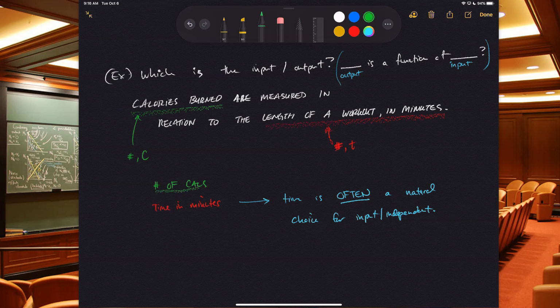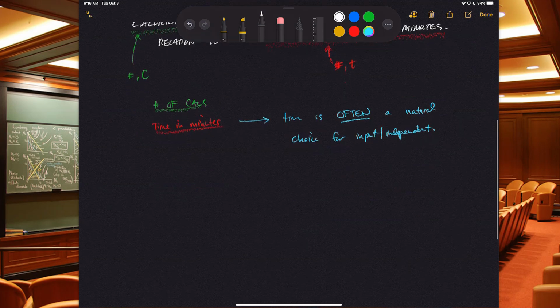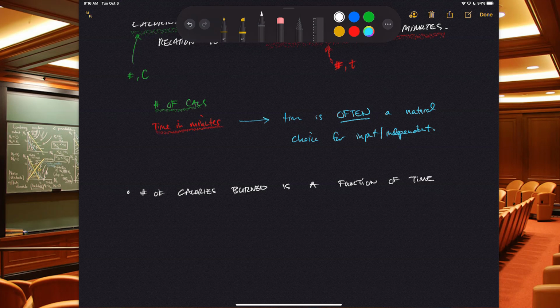So that's one way to think about it. So we might say that the number of calories burned is a function of time spent working out. And we want to give a rationale on why this makes sense.